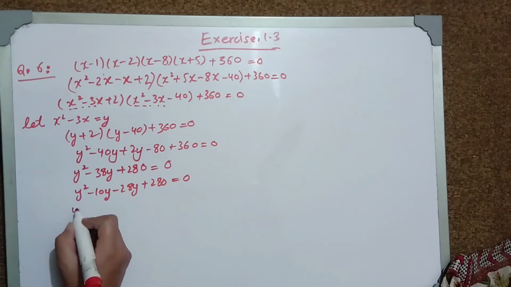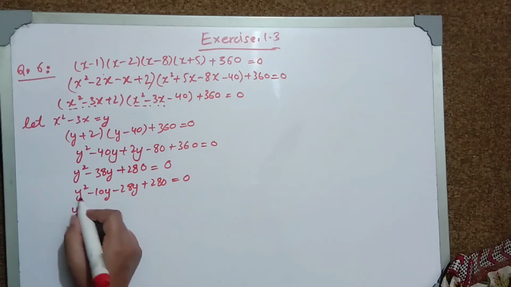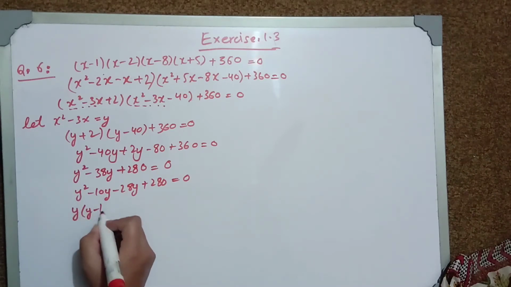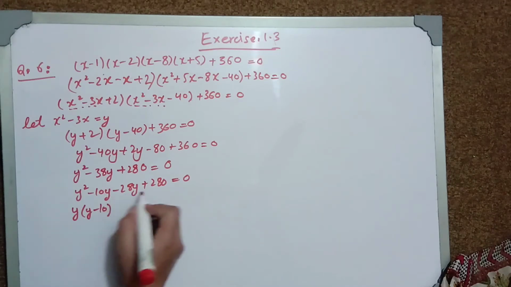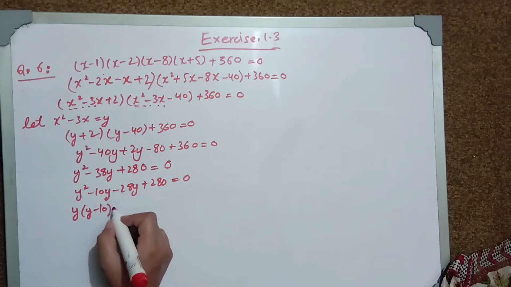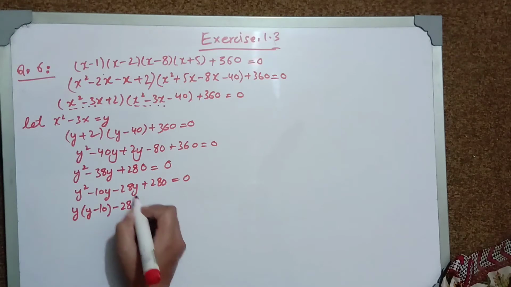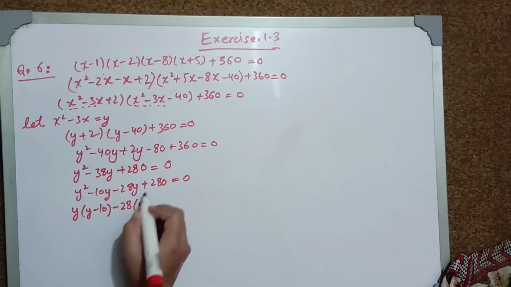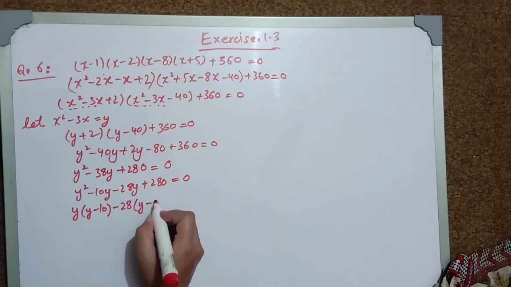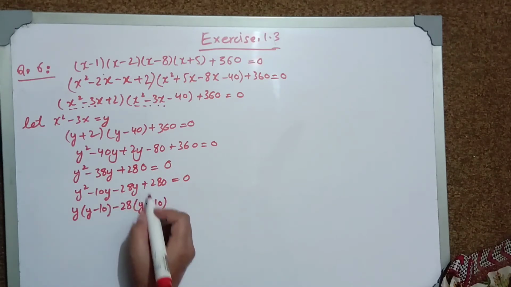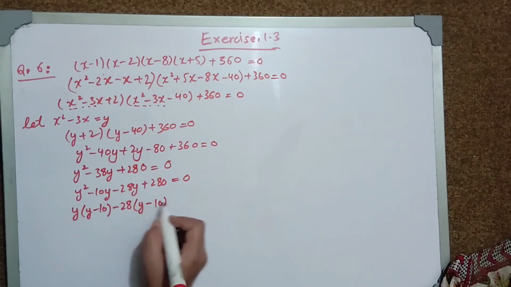So on taking y common here, we will be left with y minus 10. From here we can take 28 common, and if I take minus 28 common, here y is left and here minus 10. Because when we take negative common, the positive terms become negative.